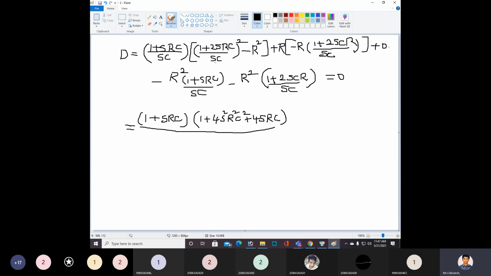Here this is S square R square, S square C square into SC, S cube C cube. Okay, up to that term clear.